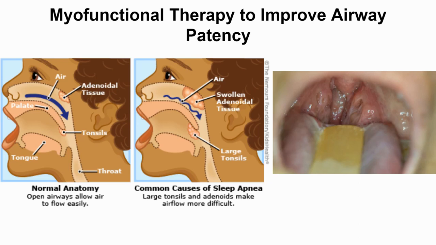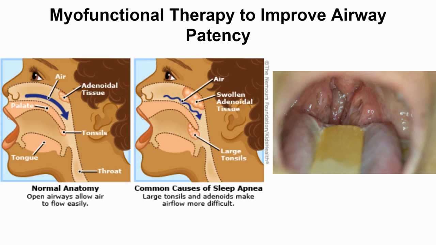Now, these perpetuating habits, if not corrected, can promote relapse of obstruction and affect proper orofacial growth. For that same reason, myofunctional therapy should be incorporated into the protocols following the adenotonsillectomy.